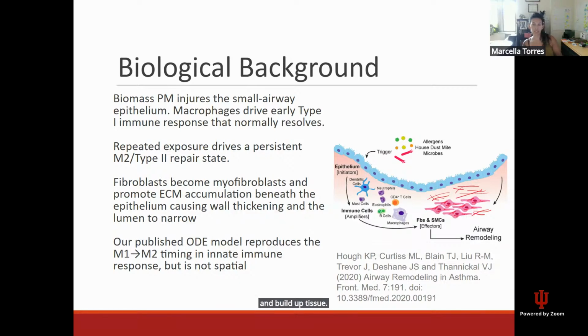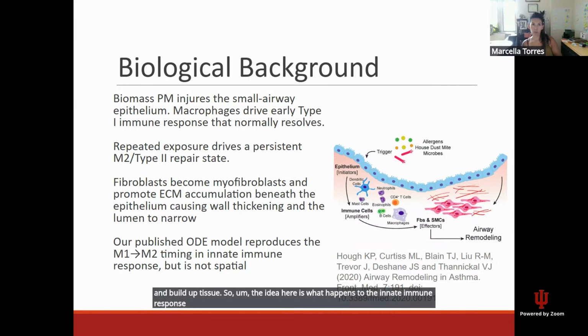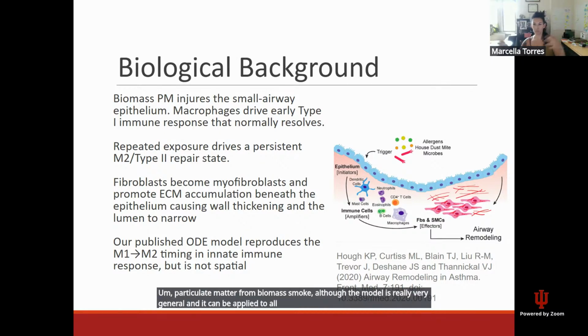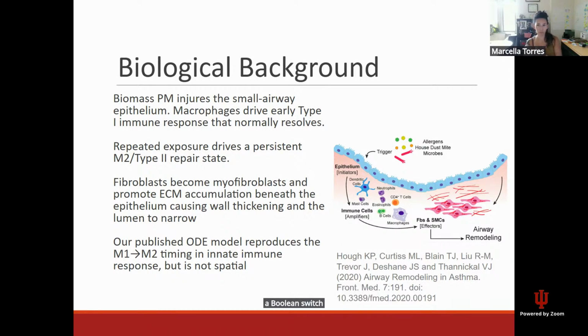So the idea here is what happens to the innate immune response when there are repetitive exposures to particulate matter from biomass smoke, although the model is really very general. It's just a general inflammation model that has a very simple Boolean switch to model exposure.